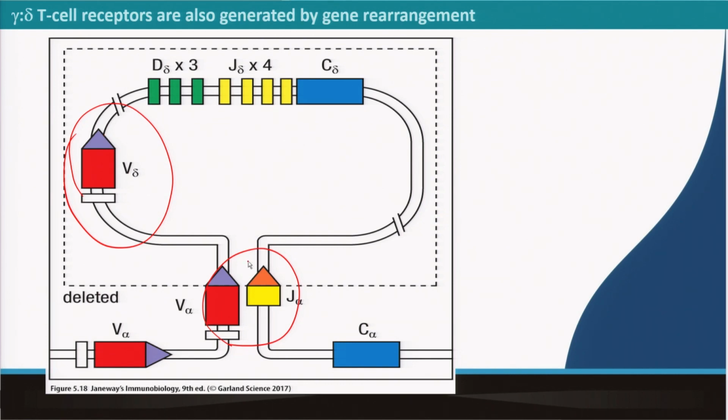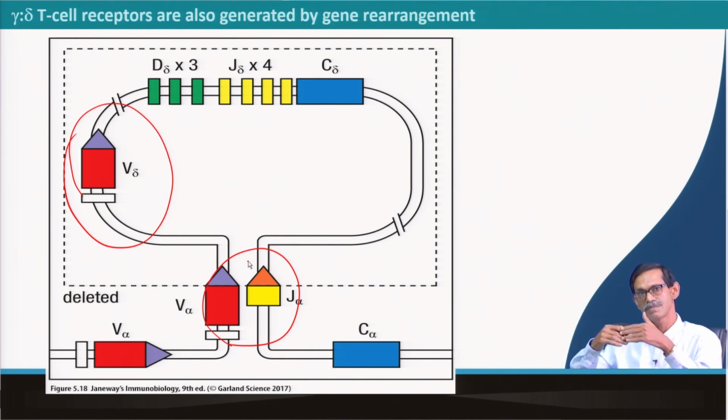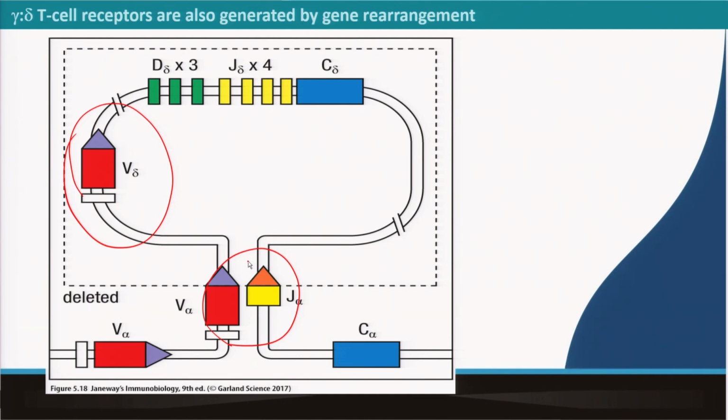This loop formation you already know, because we saw it in the case of immunoglobulin, like how, if V1 and J1 recombine, the loop is eliminated. This loop will be eliminated forever. So if V alpha joins, there will be no question of V delta joining.